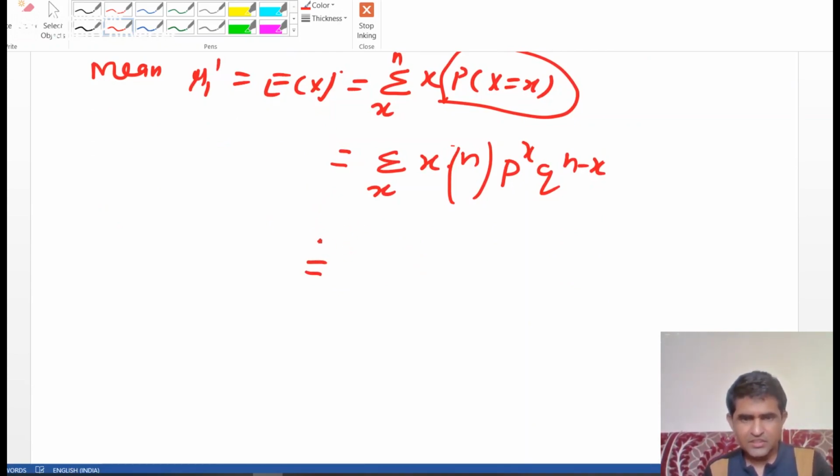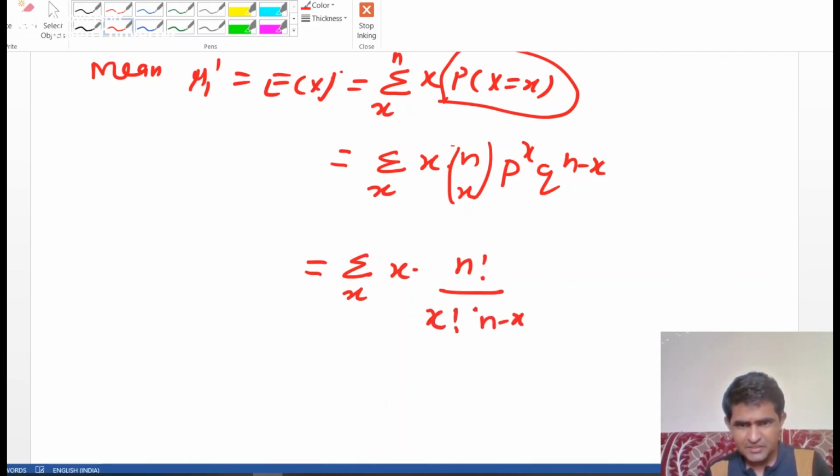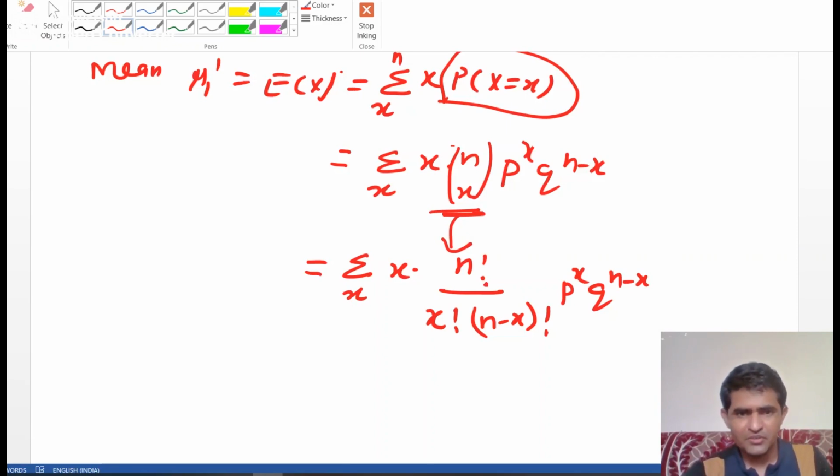Okay guys, now write here summation x into factorial n divided by factorial x, factorial n minus x, p to the power x, q to the power n minus x. We expand the factorial like this. Hope you understand what factorial is.